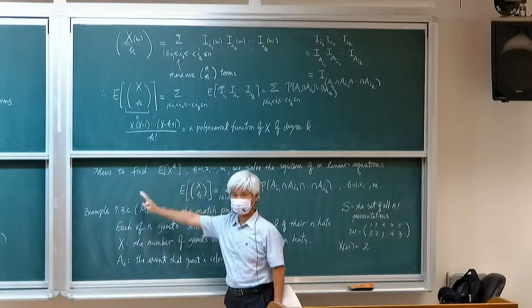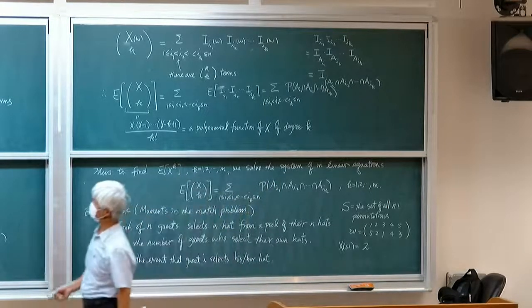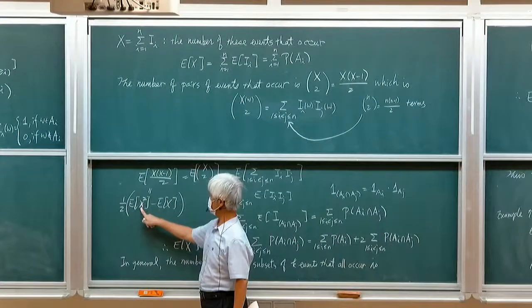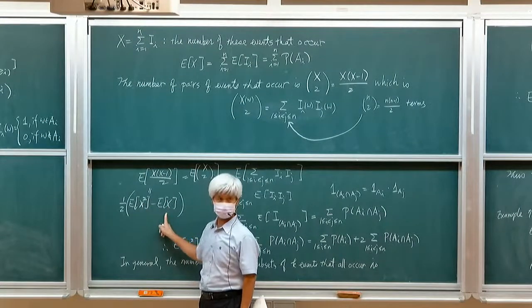Because the left-hand side is just a linear combination of the k-th moments for k from 1 to m. Just like here, the left-hand side is a linear combination of the second moment and the first moment.